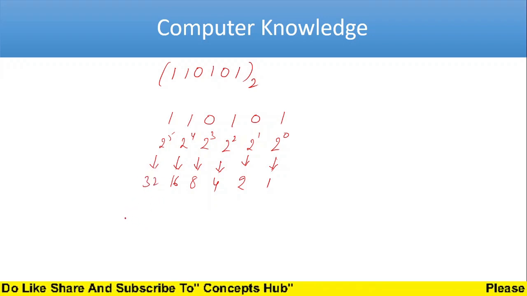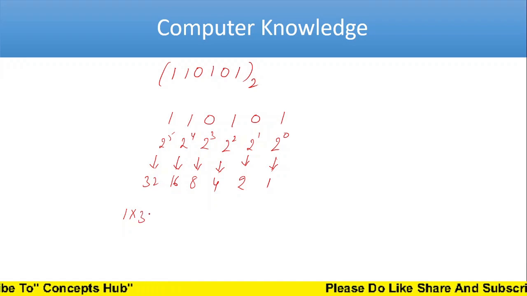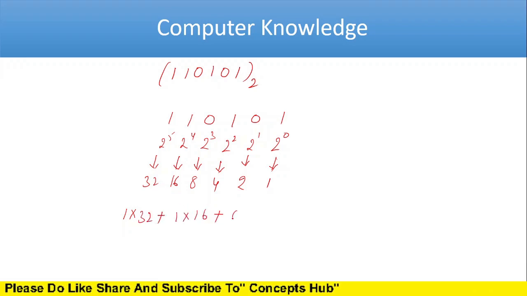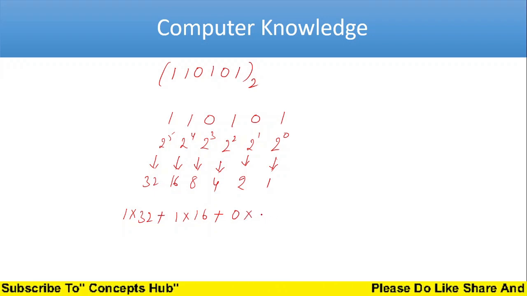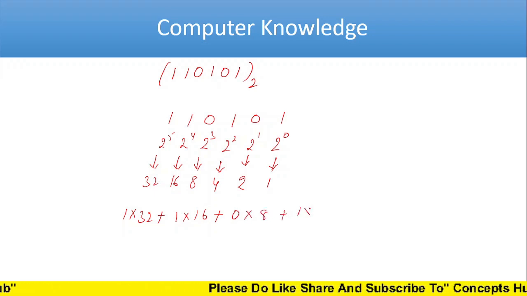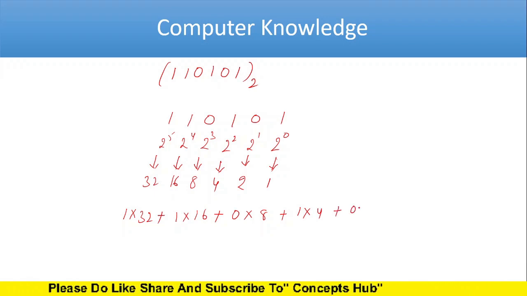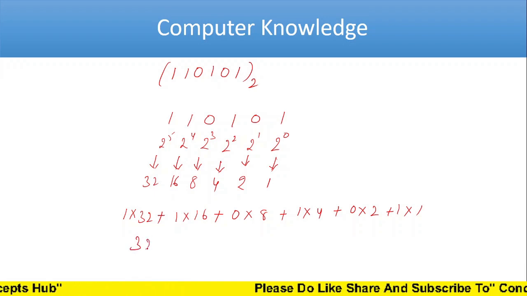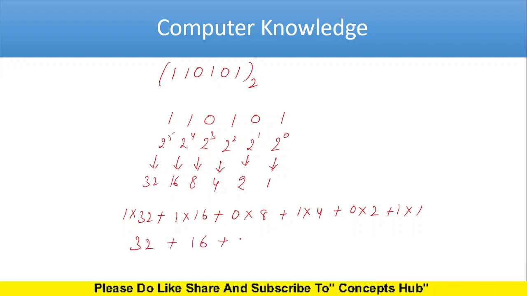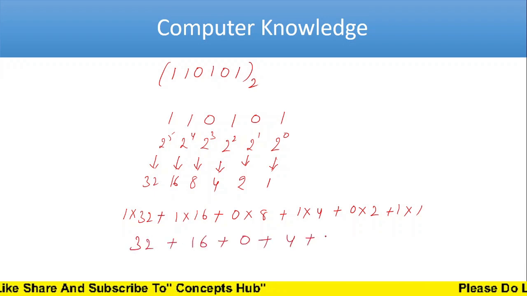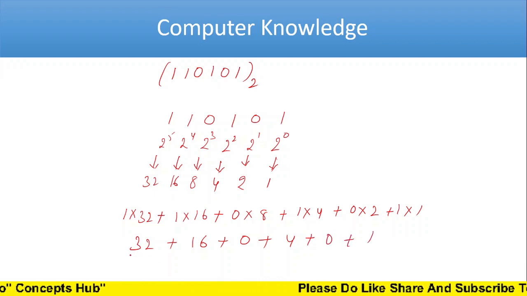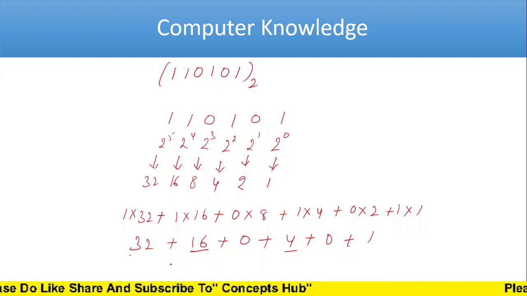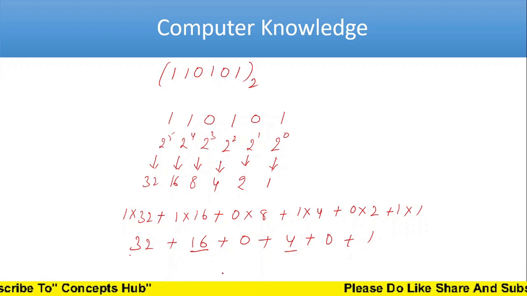What I said, we'll multiply with the respective numbers. 1 into 32 plus 1 into 16 plus 0 into 8 plus 1 into 4 plus 0 into 2 plus 1 into 1. So 32 plus 16 plus 0 plus 4 plus 0 plus 1. So 16 plus 4, that is 20. 20 plus 32, 52. 52 plus 1, 53.